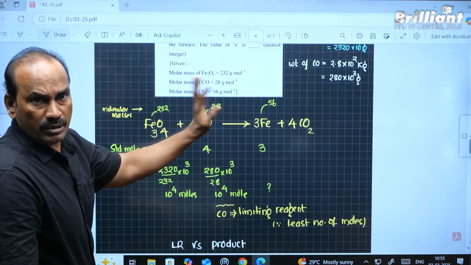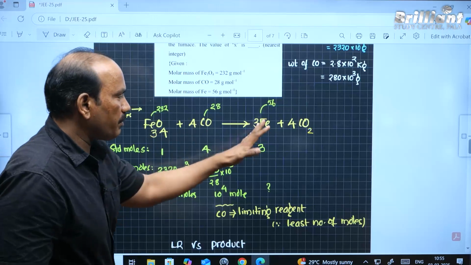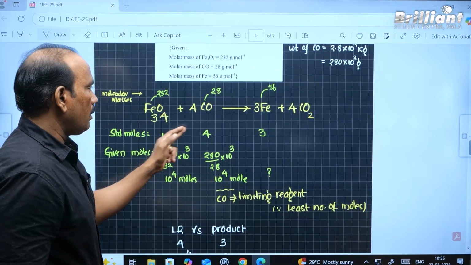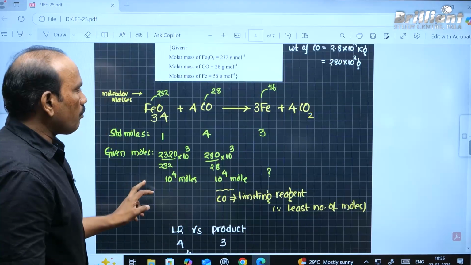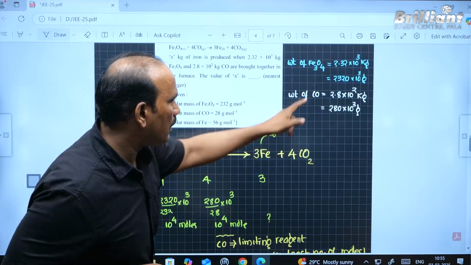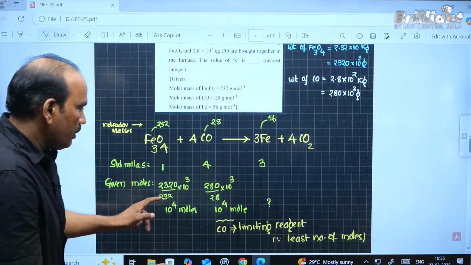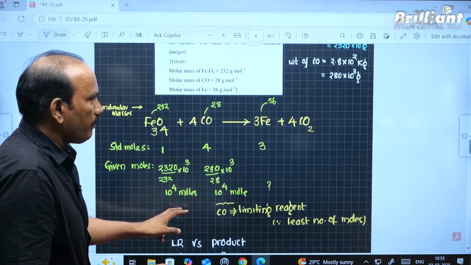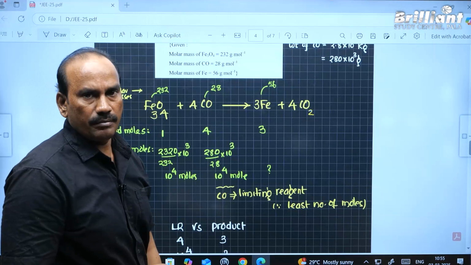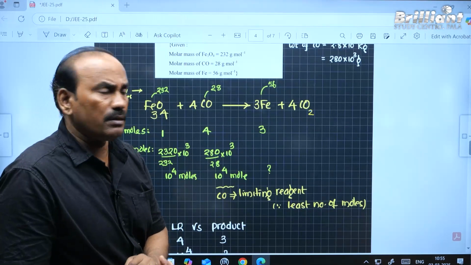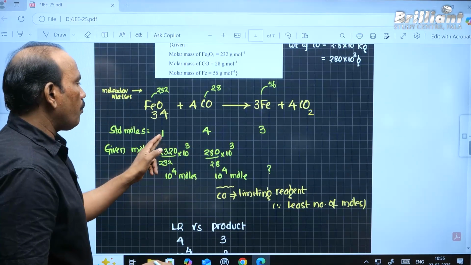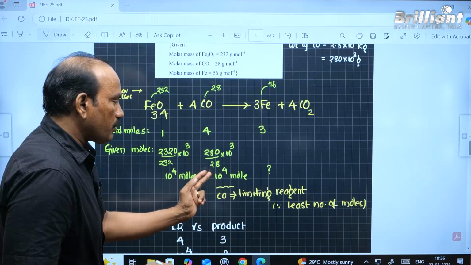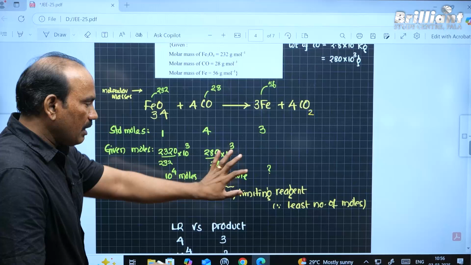First one, equation completed. Second one, marking completed. Next is the standard moles: 1, 4, 3. What are the given moles? Given moles is weight by molecular mass, which is 10 power 4 moles. Now, 2 reactants are there. Then how to identify the limiting reagent? 1 requires 4. Here 10 power 4 requires 4 into 10 power 4, but here it is less.